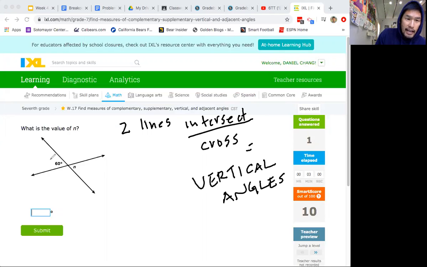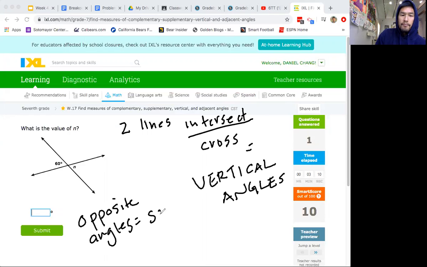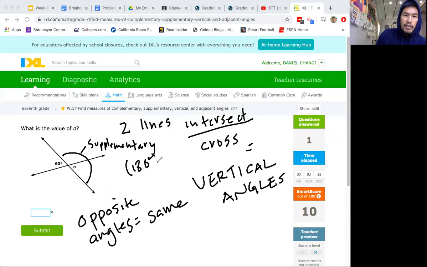One, the angles that are opposite from each other are the same. Opposite angles are equivalent. The other thing is each pair is supplementary. So every pair of angles is supplementary, which means they add up to 180 degrees.